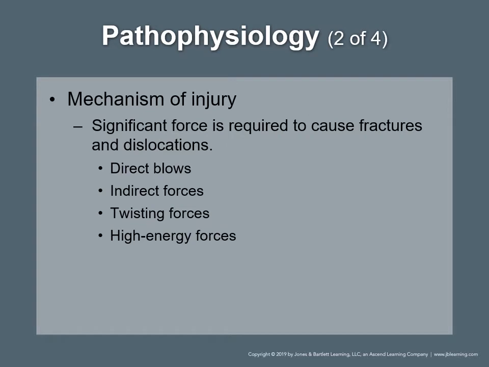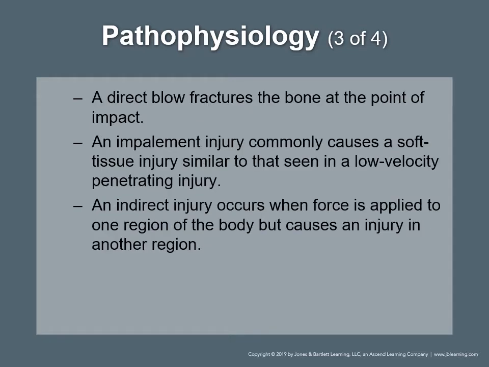Mechanism of injury. Significant force is required to cause fractures and dislocations. This force may be applied to a limb in any of the following ways: direct blows, indirect forces, twisting forces, or high energy injuries. A direct blow fractures the bone at the point of impact.